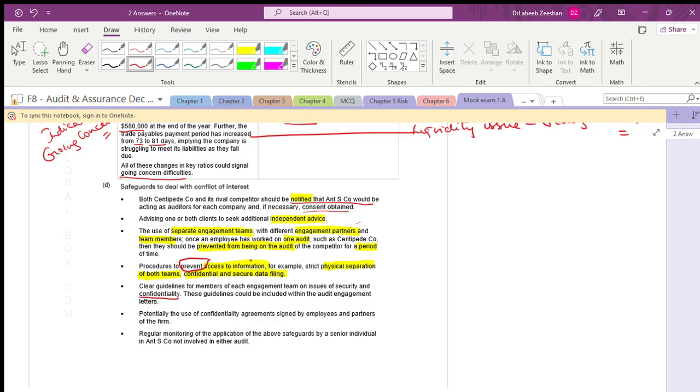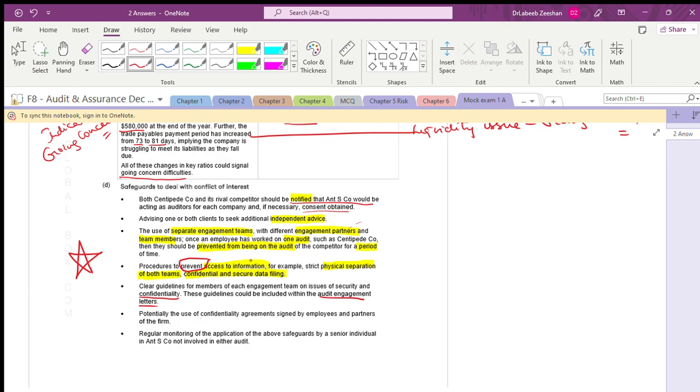In terms of the audit engagement letter, there should be a strict confidentiality clause to be signed by the team members. We revise this before you go for the exam.